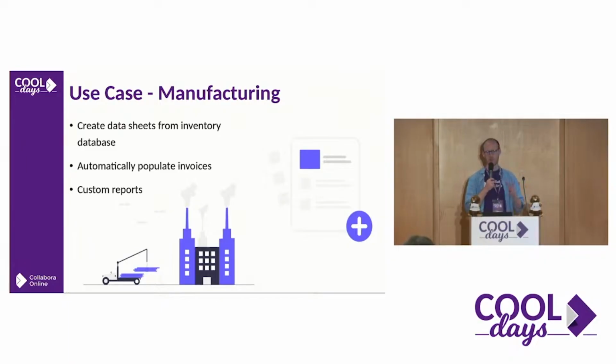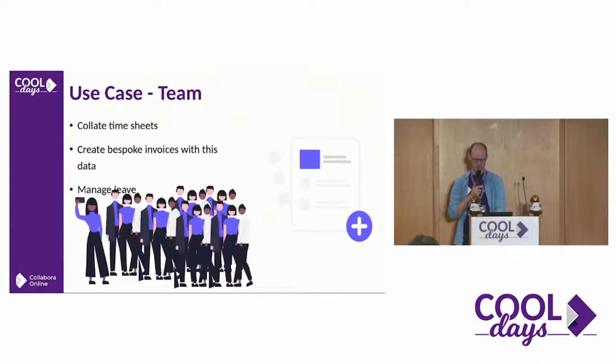What you really want to do is automatically populate your invoices so that when someone buys this many screws and this many bolts and this many nails, the invoice automatically takes all the information out from your database. And of course, when you update your database, any future invoices are then updated. So that might be one example. That's going from a database to documents.